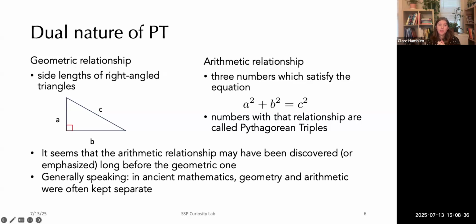Specifically, the arithmetic relationship was the one that ancient cultures discovered or emphasized much before the geometric application. One reason for that, possibly, is that in ancient mathematics, geometry and arithmetic were generally kept siloed from each other. They weren't really perceived to be in harmony.